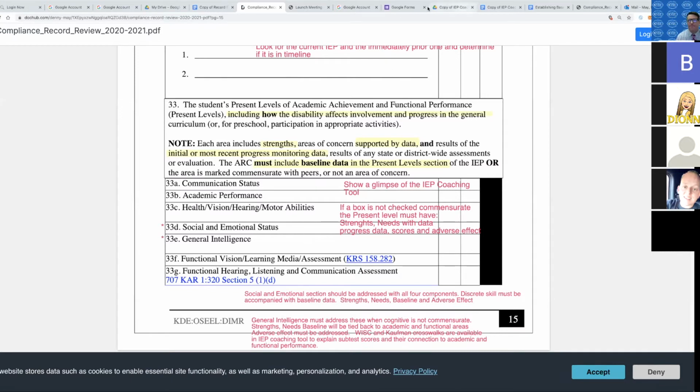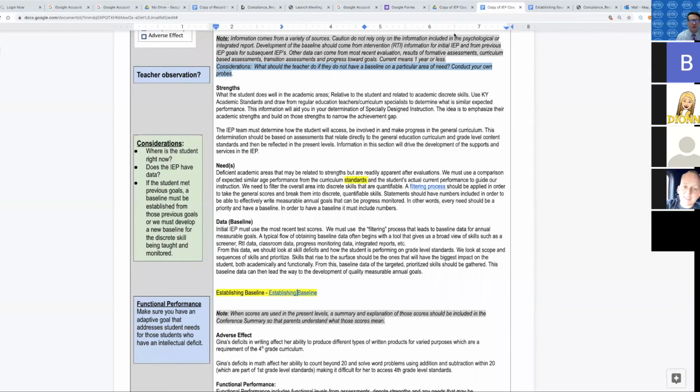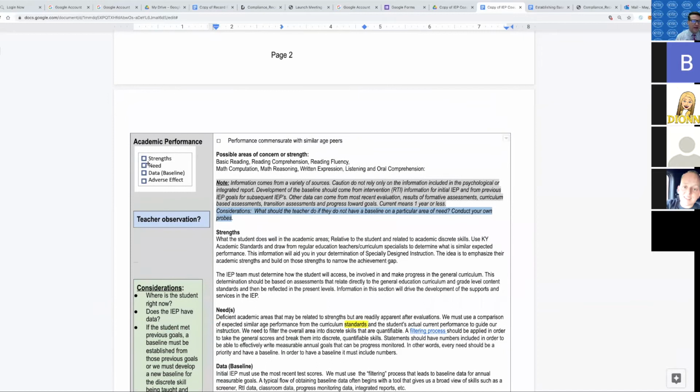If you go back to the IEP coaching tool for just a second, you see we've got this checklist out here. Are there strengths? Are there needs? Is there data with a baseline established? Is there progress monitoring data within that present level? And is there an adverse effect statement? So those are the problems that we see when we review a file.